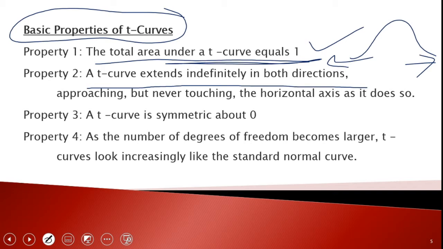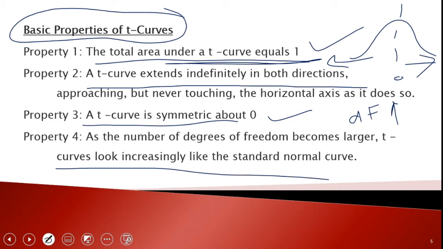The T curve is symmetric about 0, yes, same as the C curve. As the degrees of freedom become larger, which means the degrees of freedom go up, it gets closer to the standard normal curve.